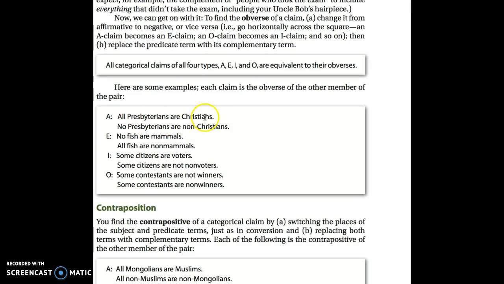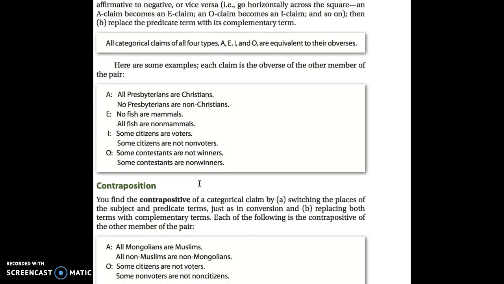The A claim, all Presbyterians are Christians. That's the original claim. Make it an E claim. No Presbyterians are Christians. And then you put that non in front of the predicate. Okay? Same with I and the same with O. Notice here with obversion, all A, E, I, and O claims, to give the obversion of it, they are logically equivalent.